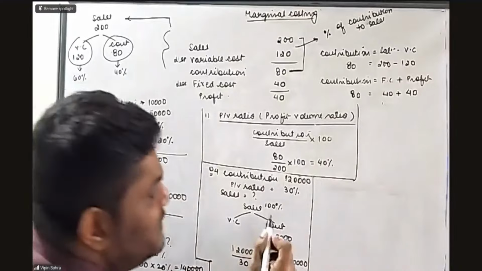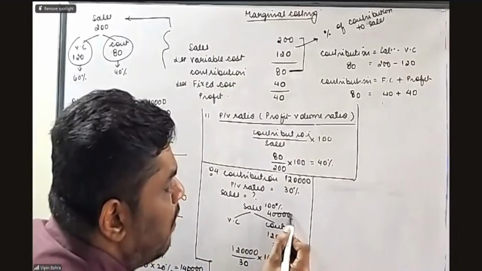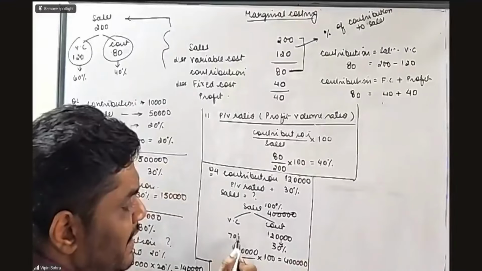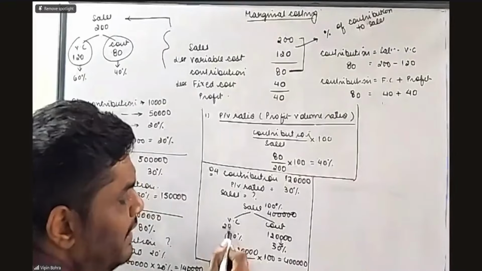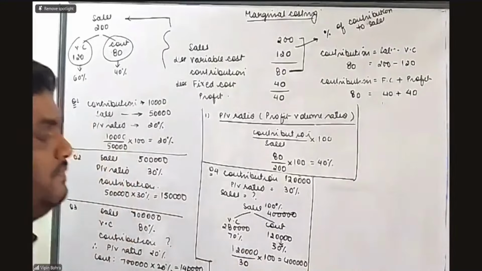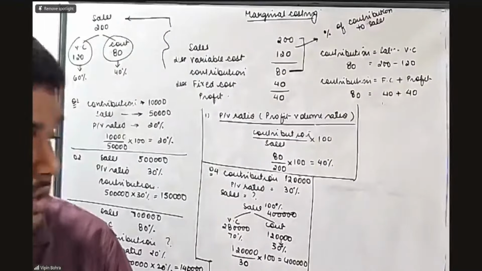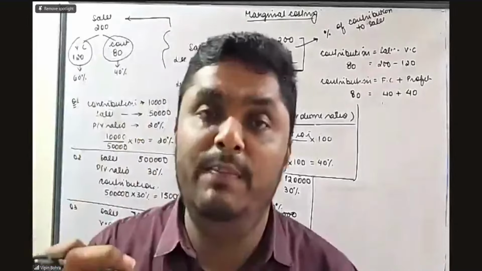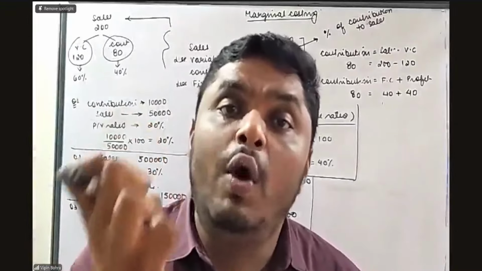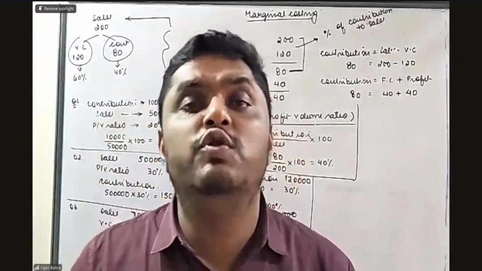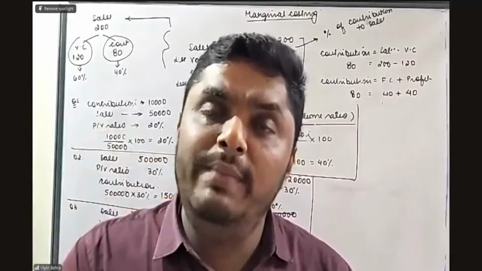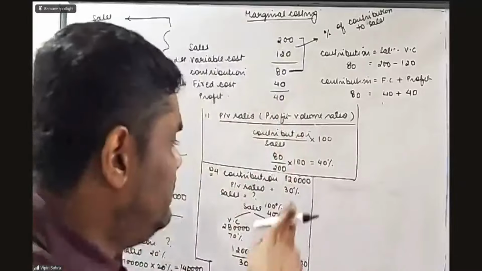So if my sales is 4 lakh, variable cost will be 70%. That is 2,80,000. I hope this part is clear to all. So very simple. Contribution PV ratio is what? What is the percentage of contribution to sales? हमारा जो contribution है हमारी sales का कितना percent है? 30%.